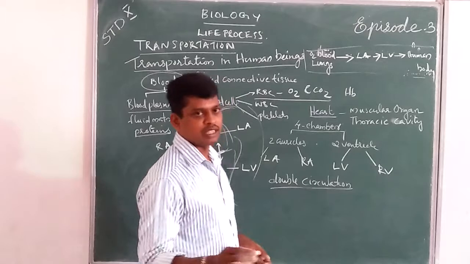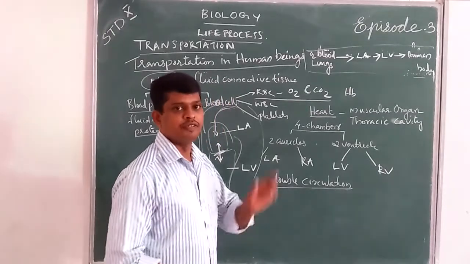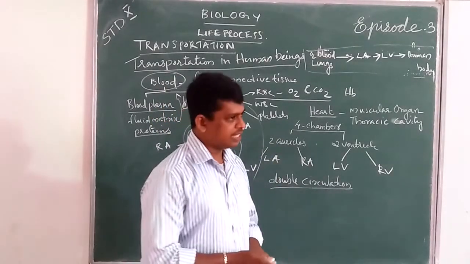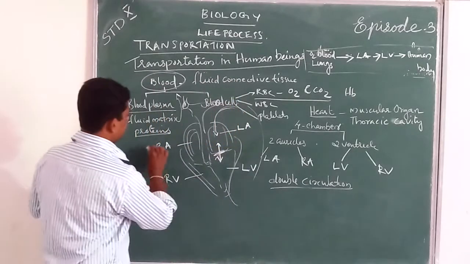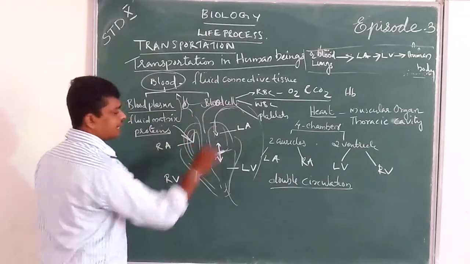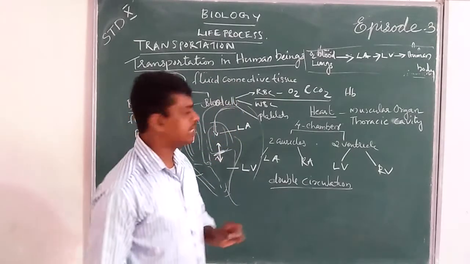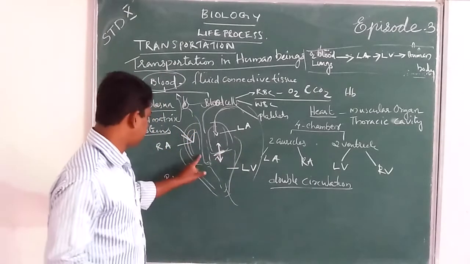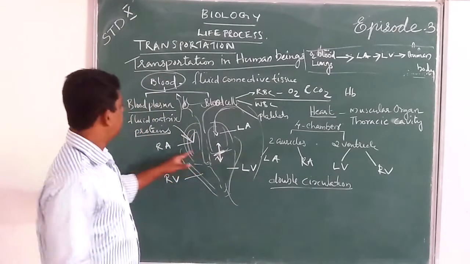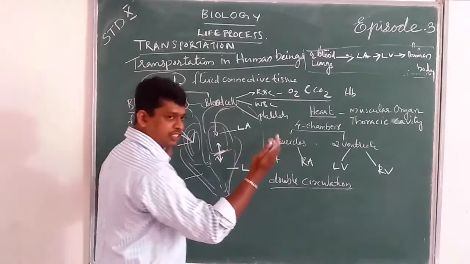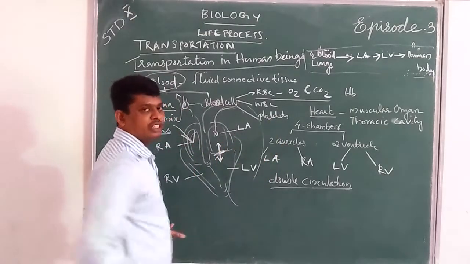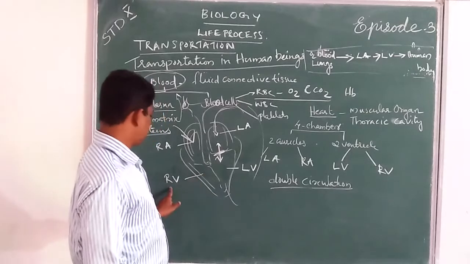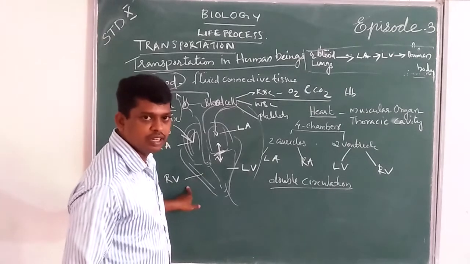It reaches the right atrium. Pressure is created, and blood moves towards the right ventricle.